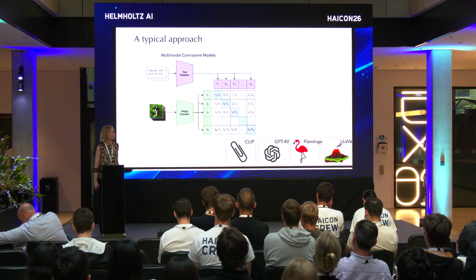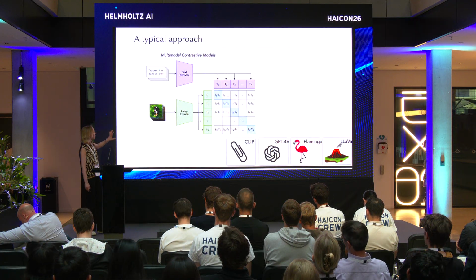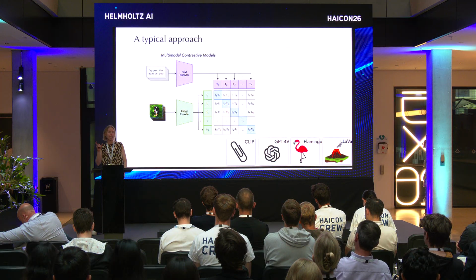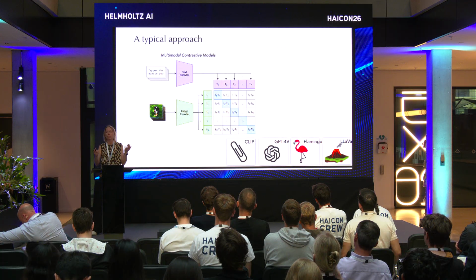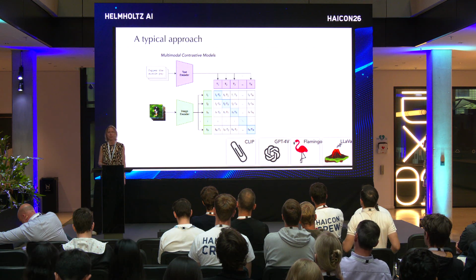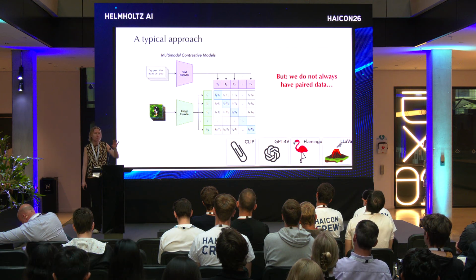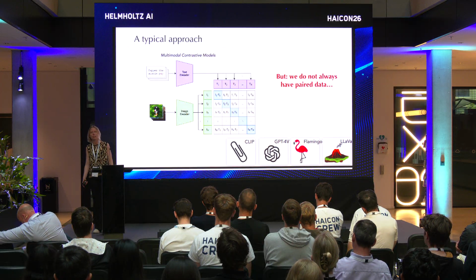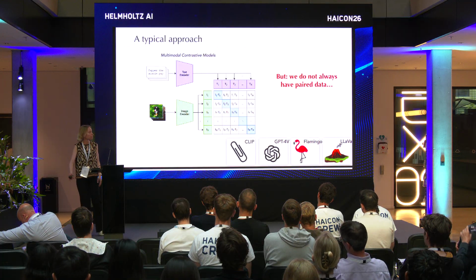There's only one drawback to this, and that is that with this kind of approach, I'm assuming I have the image and I have the caption, and I'm aligning the caption with the image. For each data point, I have these two views, and I know they are the two views of the same data point. Now, in reality, very often, that's not the case. I have some images, I scraped them from somewhere, collected from another database that has text descriptions of patients, of other things.